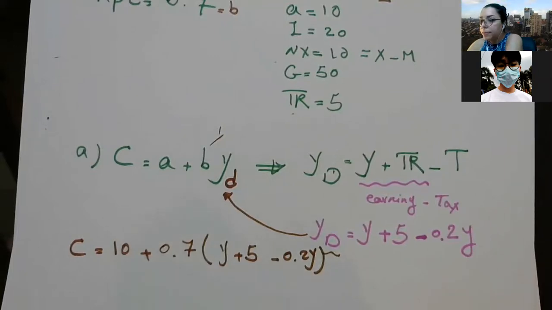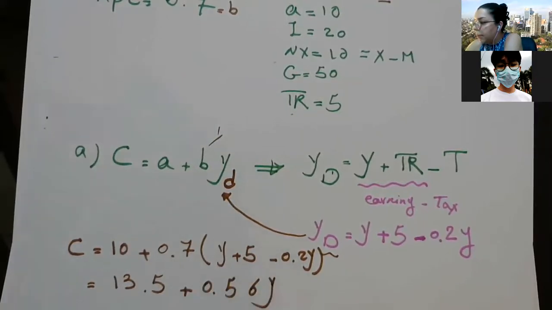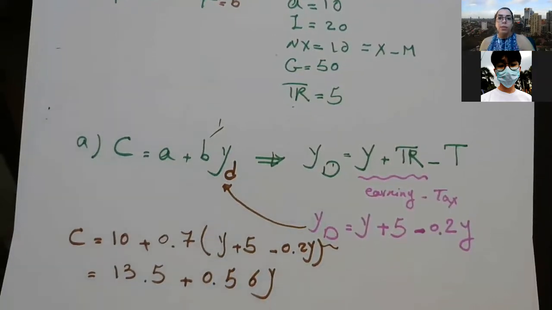That's done. Then you calculate this whole thing. It's going to be equal to 30.5 plus 0.56Y. This is your consumption function. I'm sure that you have calculated. Did you get the same thing?